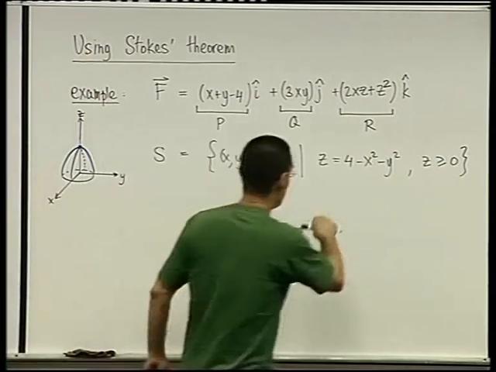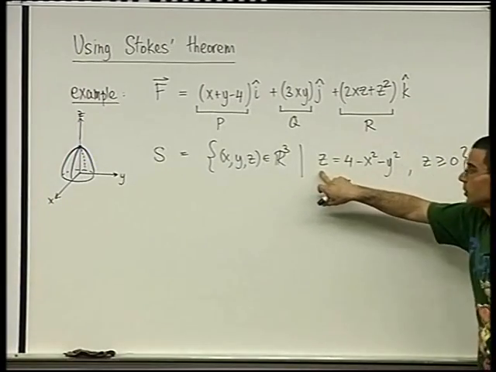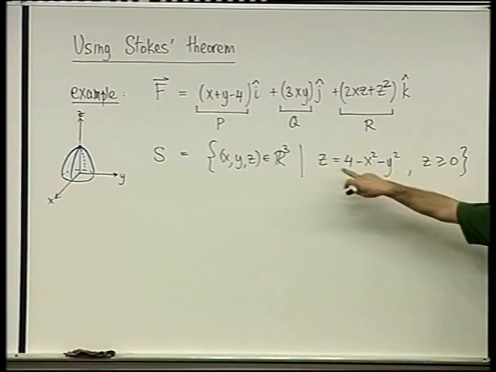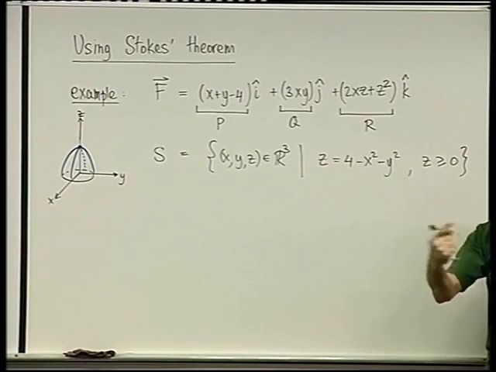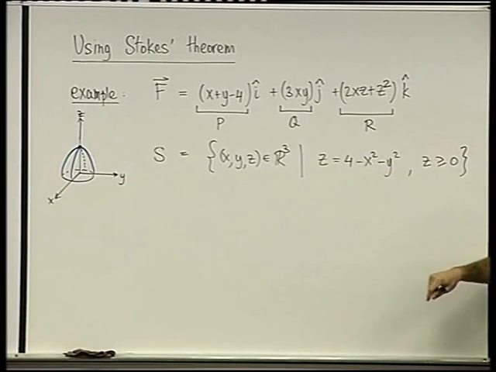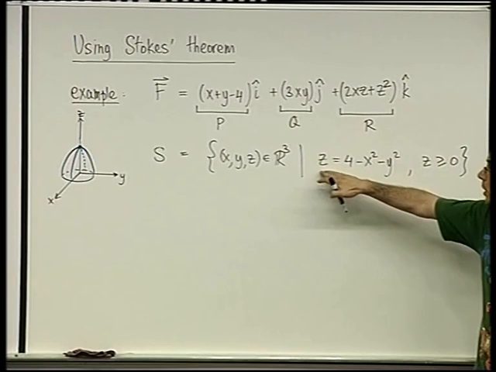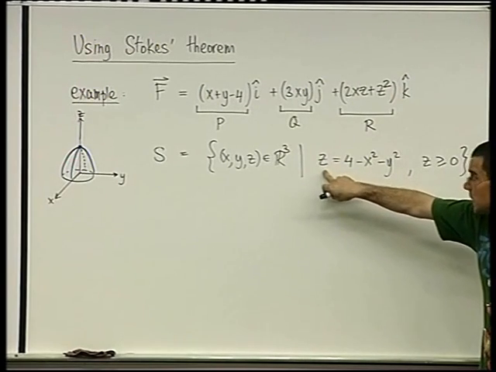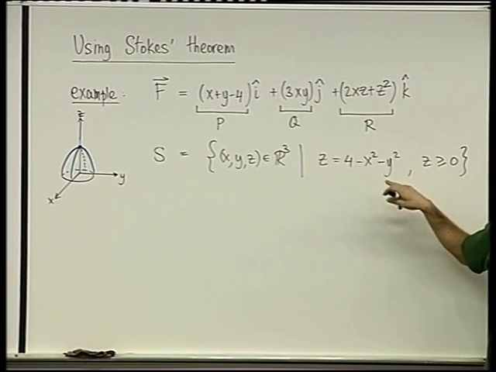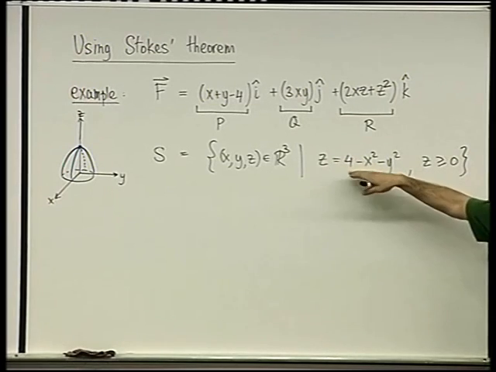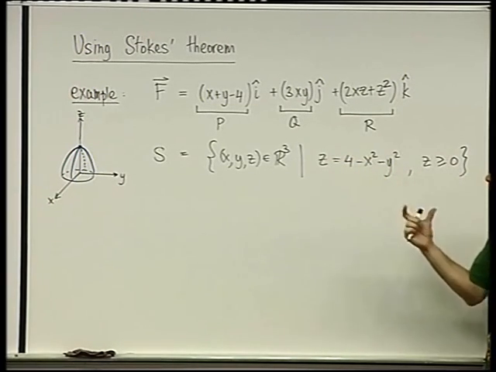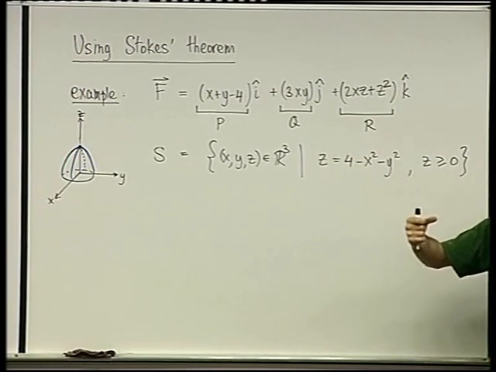So you would set z equals 0. When z is 0, you get the circle x squared plus y squared equals 4. So that's a circle of radius 2 in the xy plane. It only has life when z is greater than or equal to 0. As you make z bigger and bigger, up to 4, at z equals 4, x and y have to be 0, so you get that point. And for all the other sections, you're just going to get circles of smaller radii.